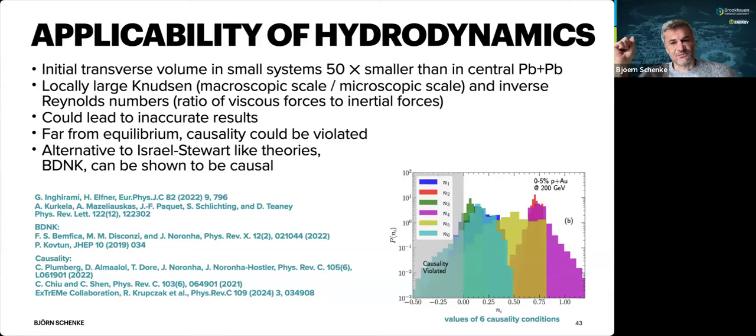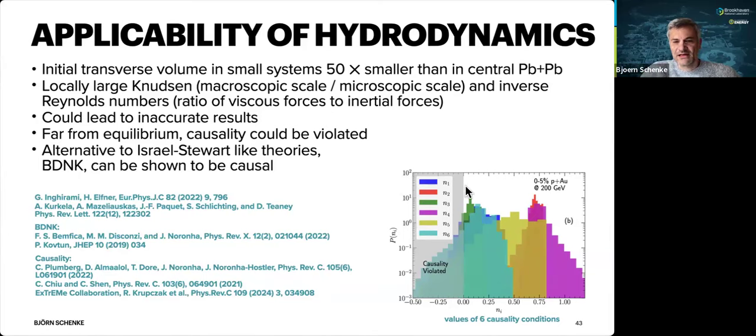There are now some new developments of alternatives to Israel-Stewart-like theories, like, for example, BDNK, according to these author names, that can be shown to be always causal. In our simulations, we typically use DNMR, like Denicol, Niemi, Molnar, Rischke, which is a version of Israel-Stewart with a more sophisticated expansion in Knudsen and inverse Reynolds numbers.